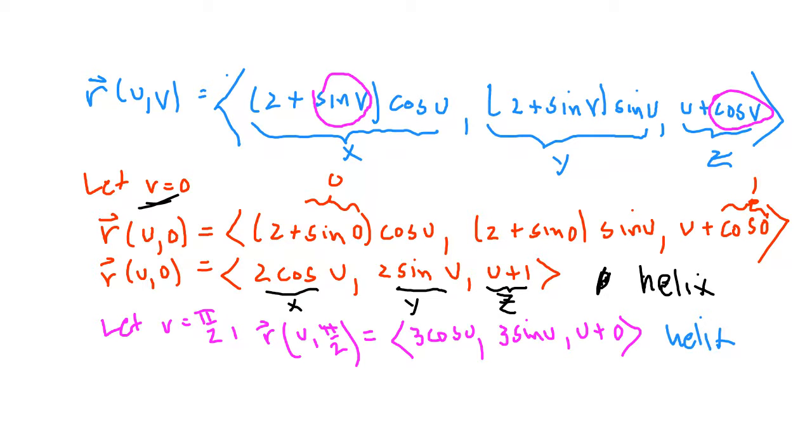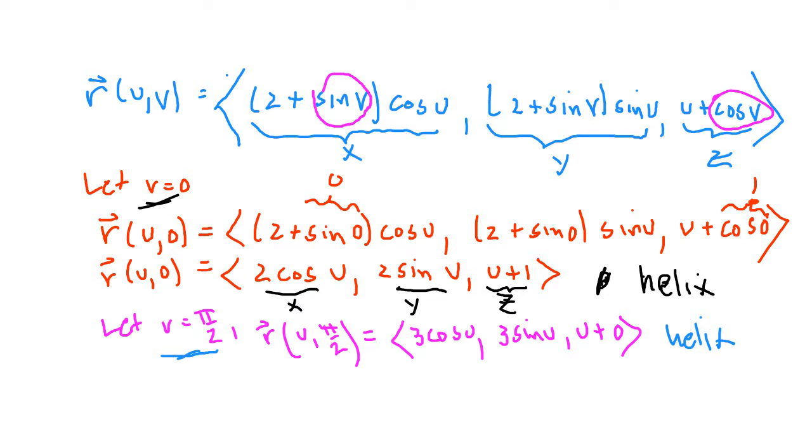So for different values of v, we generate space curves that are all helices. The grid curves are helices. They move upward, but horizontally they act as circles.